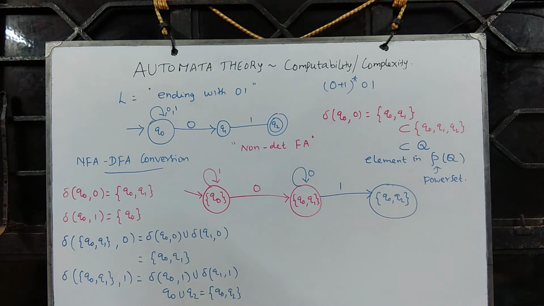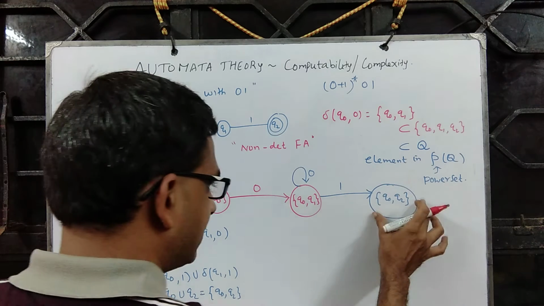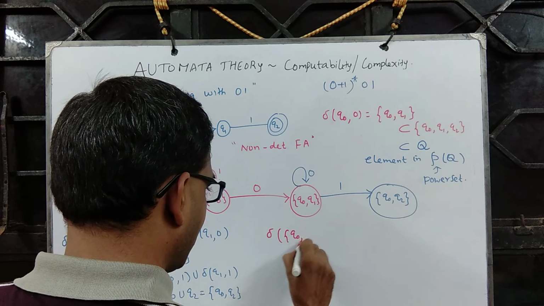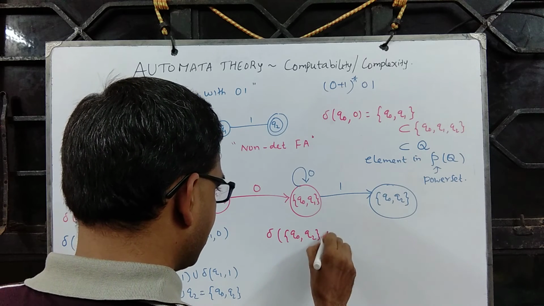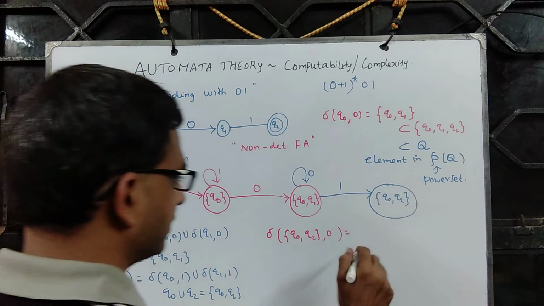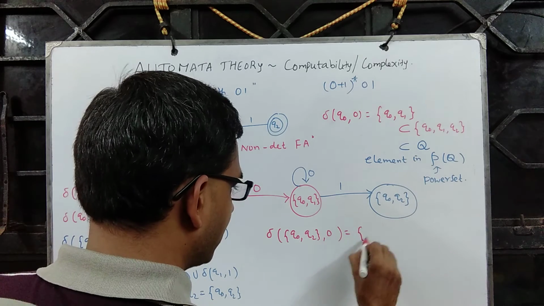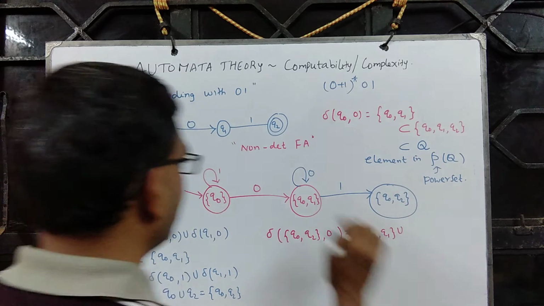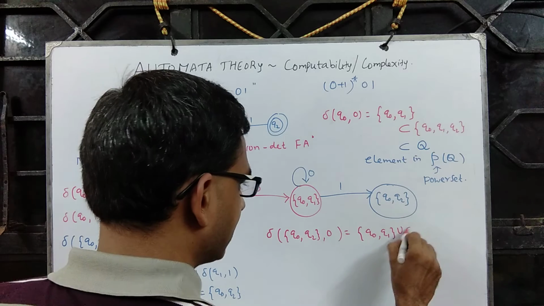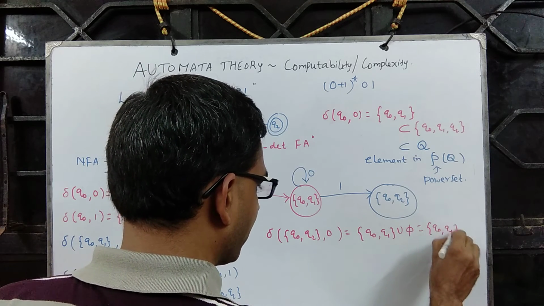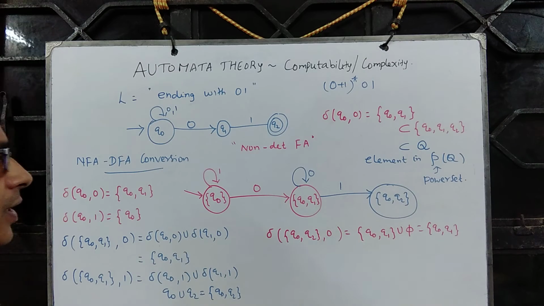Now similar to what we did, you treat this as a state and apply the transition. Now this is delta of q0, 0 union delta of q2, 0, which is undefined. So what we get is {q0, q1}. Correct?